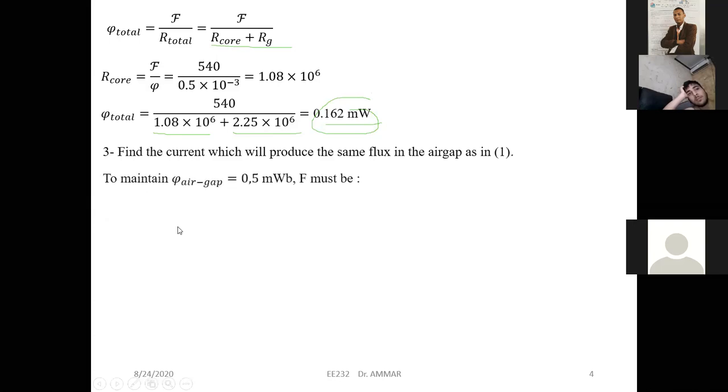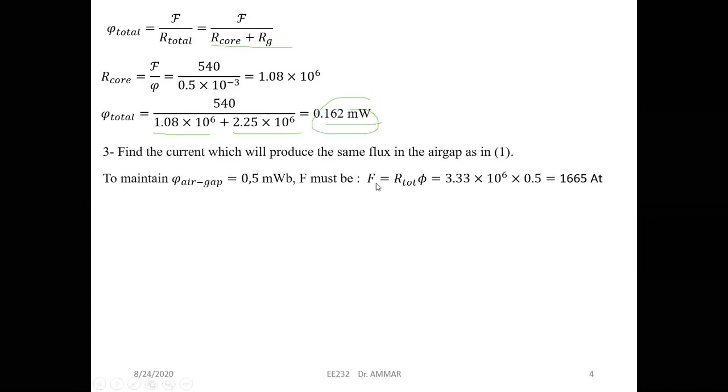To find this new current, to maintain phi air gap equal to 0.5 milliweber, F, which is the MMF, must be equal to R total times phi, the required flux, 0.5. So F is equal to 3.33 times 10 to the power 6 times 0.5, and the new MMF is 1665 ampere-turns.